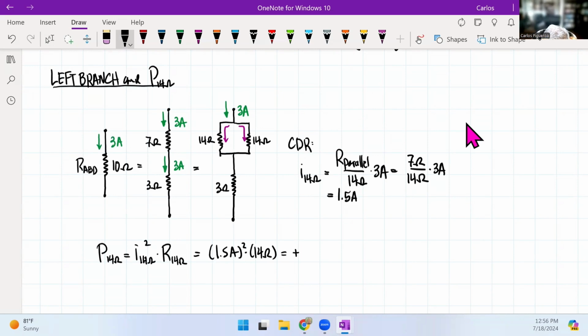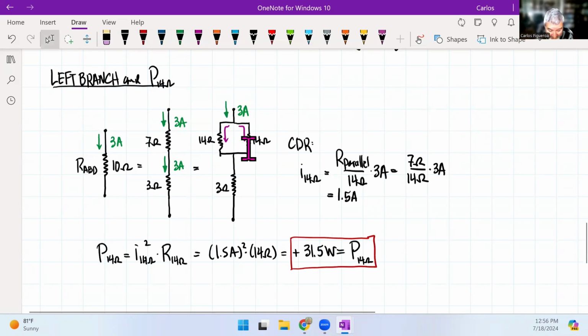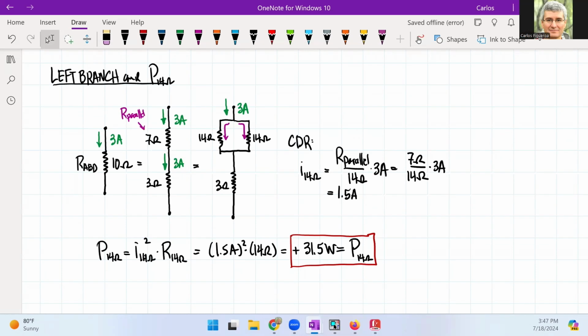So I get a positive 31.5 watts, and that's the power of the 14 ohm. So now I'm just going to repeat the same process for the right branch to calculate the 2 ohm.